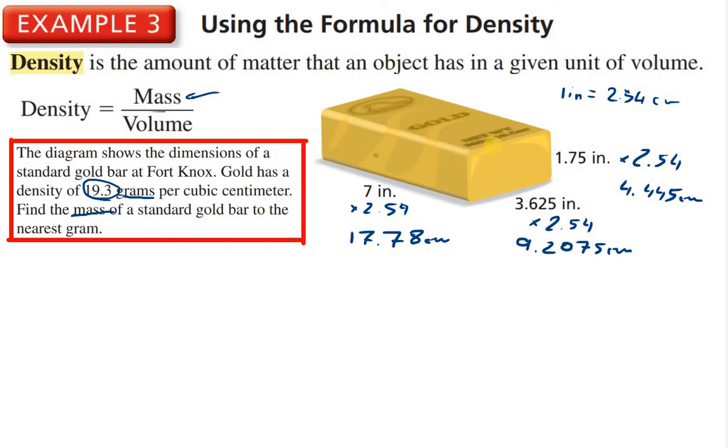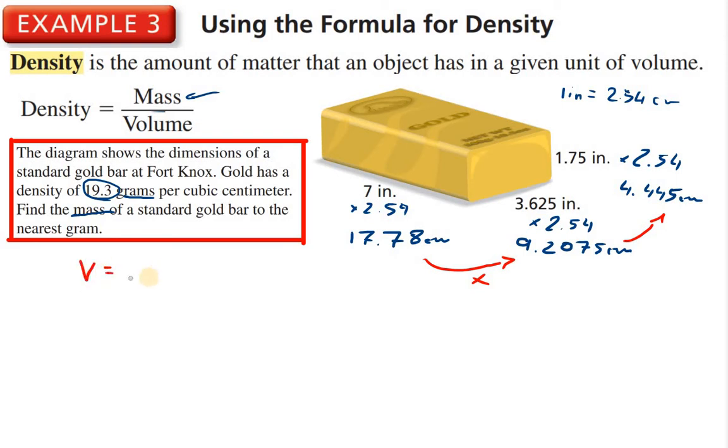Volume in a rectangular prism is just length times width times height: 17.78 times 9.2075 times 4.445. I'm going to multiply this times this, that gives me the base, and then I'm going to multiply that times that. So that's the volume.